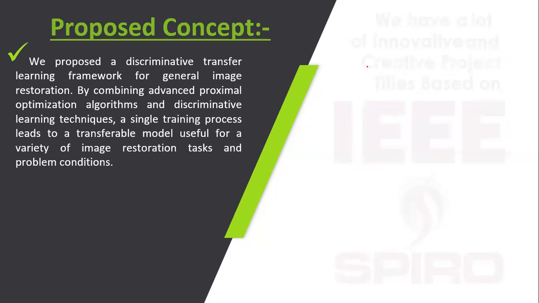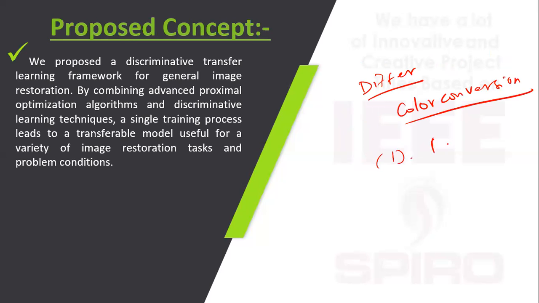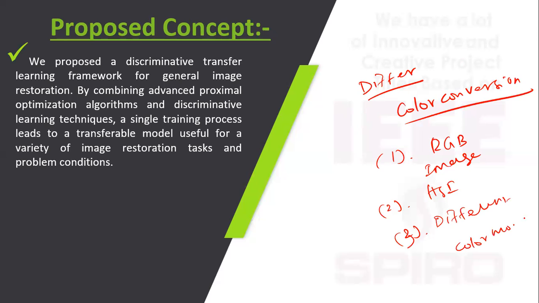In the proposed system, we used different color conversion models. First we get an RGB image and convert it into an HSI model and other color models, such as the NTSC model.